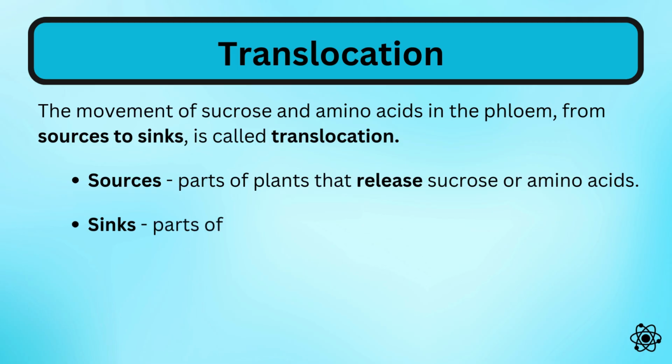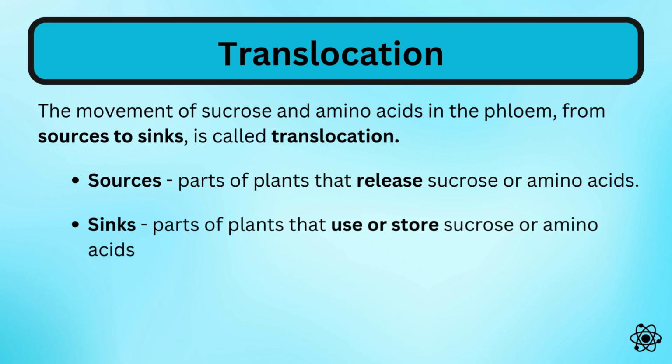They are parts of the plant that use or store sucrose or amino acids. So, we can say that the transport of sucrose and amino acids in the phloem from the regions of production to regions of storage or use is called translocation.